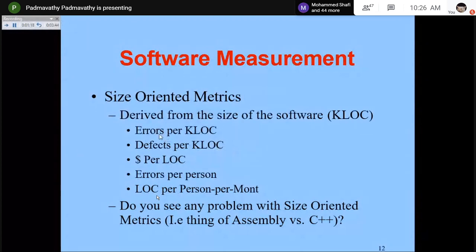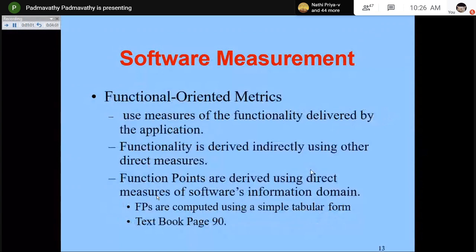So the common metric, the size oriented metric, that is the quantitative metric that you find in software, is KLOC. KLOC is known as thousands of lines of code. Another metric that you have is known as functional oriented metrics.